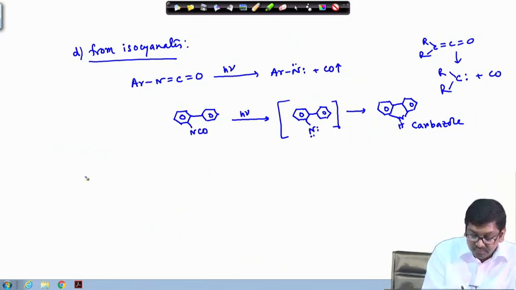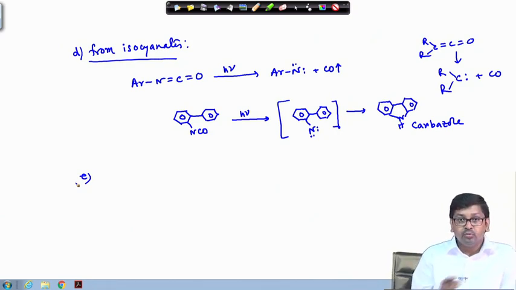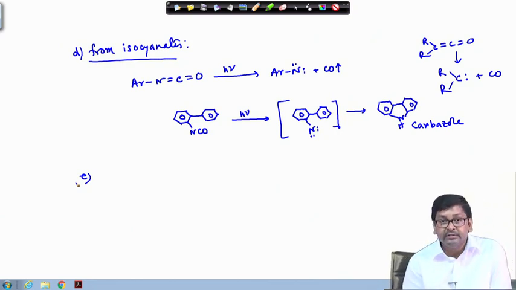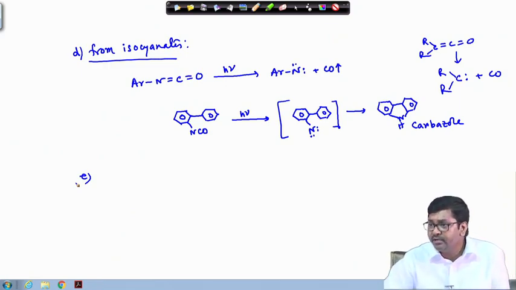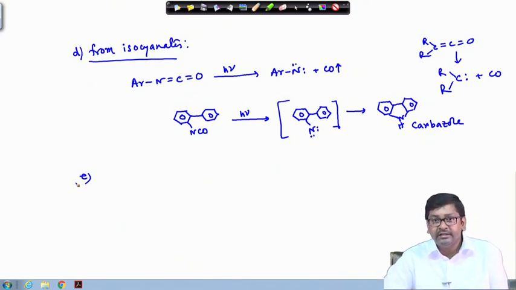Similarly, there is another method to generate nitrene precursors, and nowadays it has become very popular due to its easy handling. Azides are the most common and useful, but in a lot of cases azides are very hazardous and they are also explosive. After a certain temperature, most of these azides decompose and can explode.